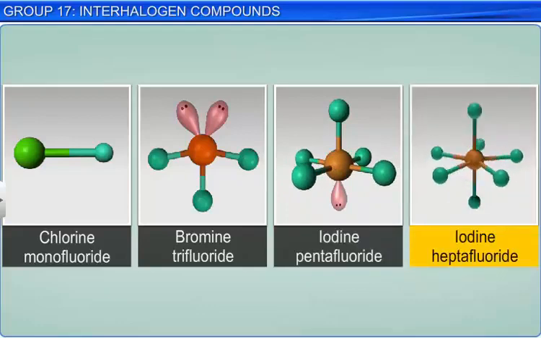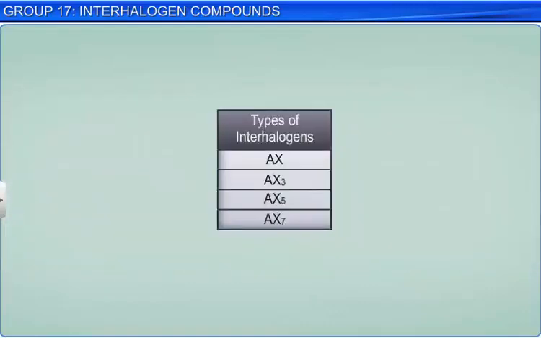Let us first discuss the types of interhalogen compounds. Depending on the number of atoms in the molecule, interhalogens are classified into 4 types. They are AX, AX3, AX5, AX7, where A is the larger or less electronegative halogen and X is the smaller or more electronegative halogen.